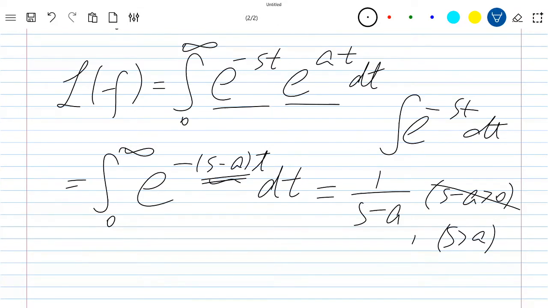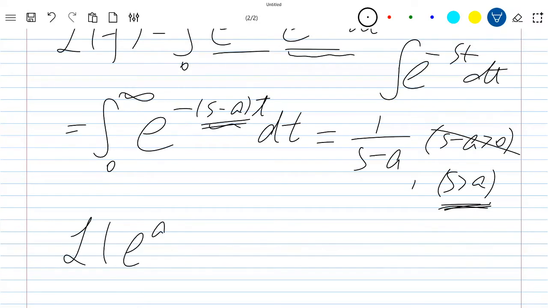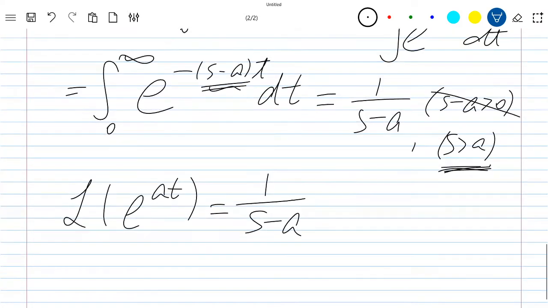If a is positive, then s is more than a positive number. If a is negative, then s is more than a negative number. So you can see this condition depends on the input function, but it's always s greater than something. So from now on we will ignore this condition. We'll just say the Laplace transform of e to the at equals 1 over s minus a, provided s is large enough.